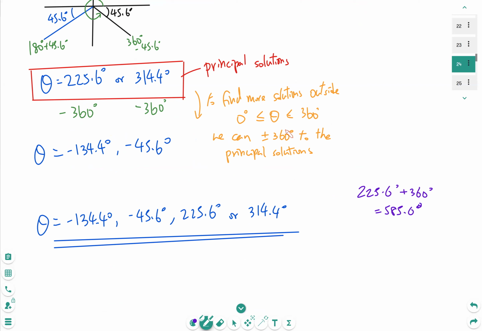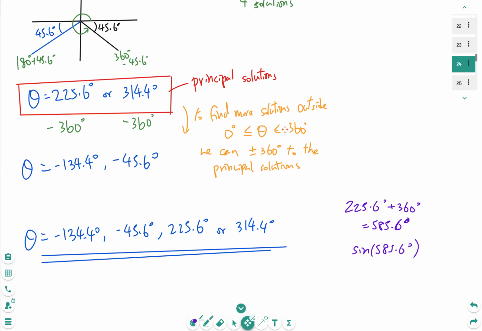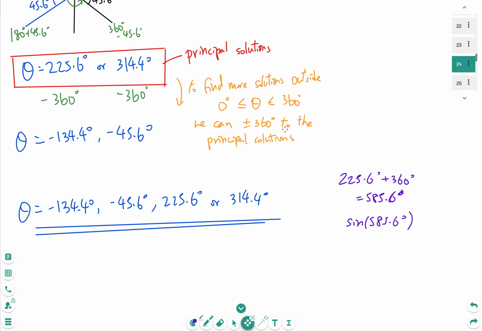If you put sine 585.6 back into the original equation, where we were given sine theta equals minus 5/7, you get roughly negative 0.714. And minus 5/7 in the calculator is negative 0.714. So that's the same.